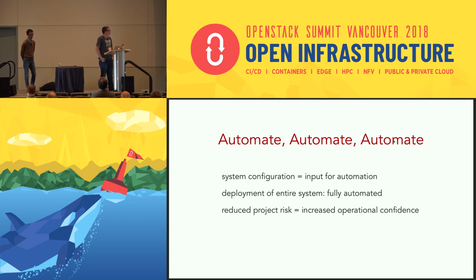As I said in the beginning, automation is quite important, so automate, automate, automate. System configuration is the input for automation, deployment of the entire system, fully automated. Reduced project risk is equivalent to increased operational confidence.